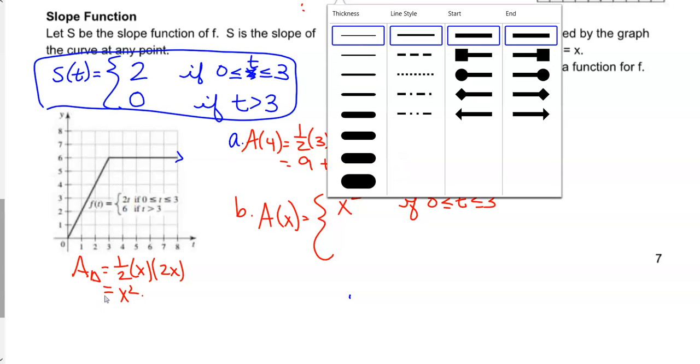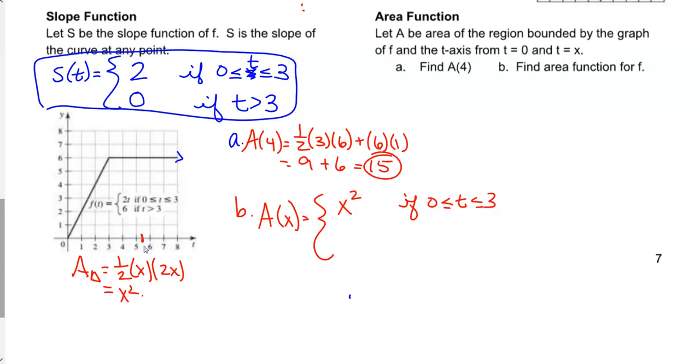All right, so what if my x value is over here, where I end up having a rectangle and a triangle? So this area up to this point, just like what we did here, was what? We accounted from 0 to 3. That gave me an area of 9.